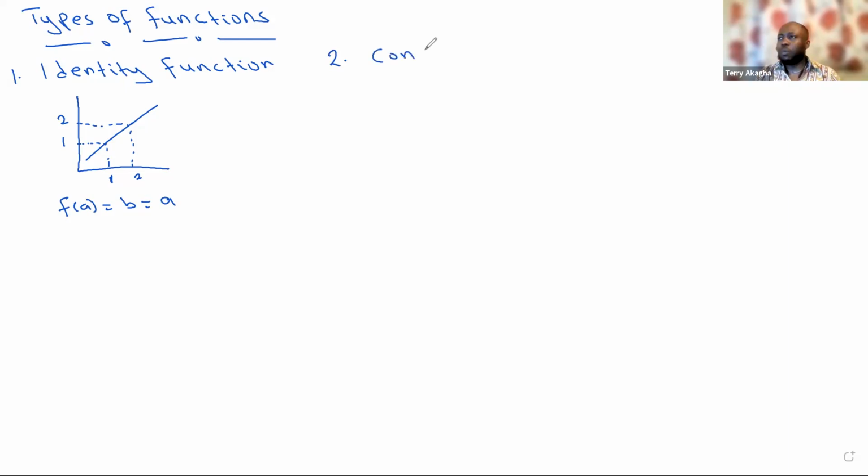So this constant function, these are functions where the output is always the same regardless of the input. That means the value for the y is going to be the same regardless of the value for the x.